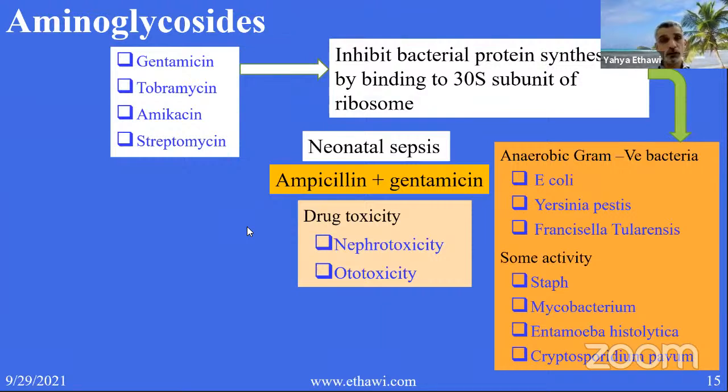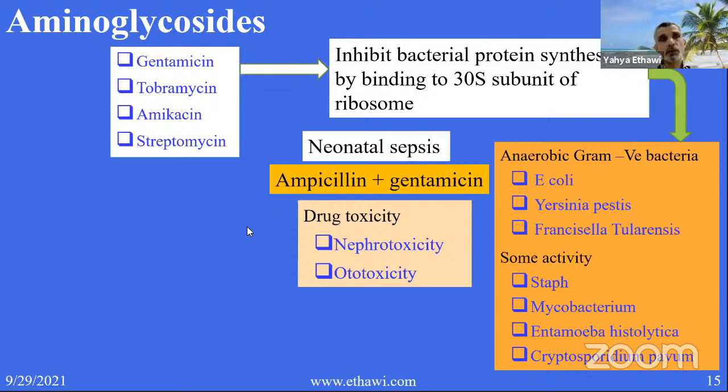So ampicillin with gentamicin is very good for in-hospital infection, while amikacin is very good for outpatient infection. The reason is that many people use gentamicin for diarrhea, which is most commonly caused by a virus, and that's why we have resistance.